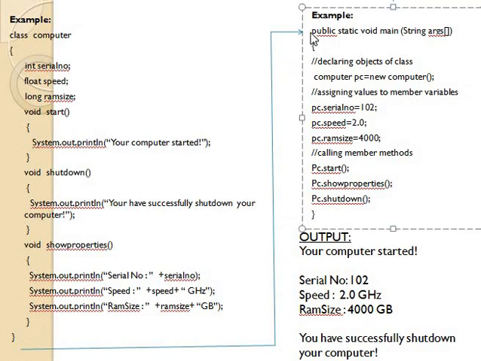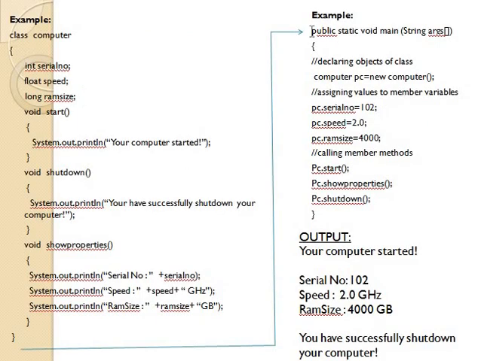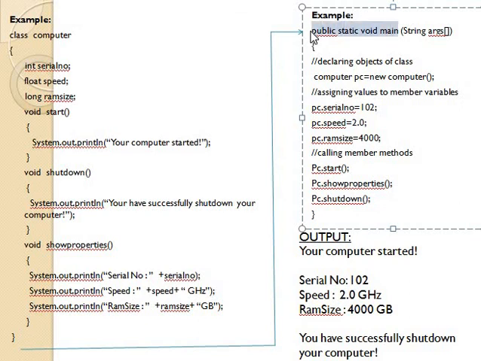Now remember that the object has to be declared inside the main method. Always, whenever you create objects like this, these types of objects can be declared and created only inside the main method, where the main method is declared like this: public static void main. We call it the main method or the main function.